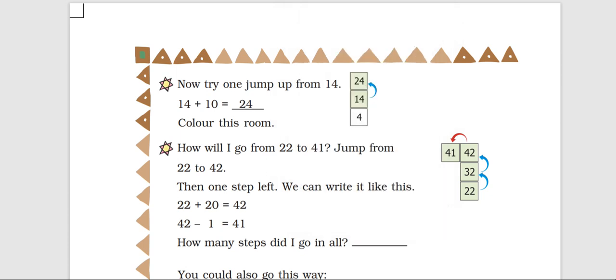Jump up from 14. So you're at 14. You go one jump up, which means you take one row up. One row is 10. Plus 10, you come to room number 24.